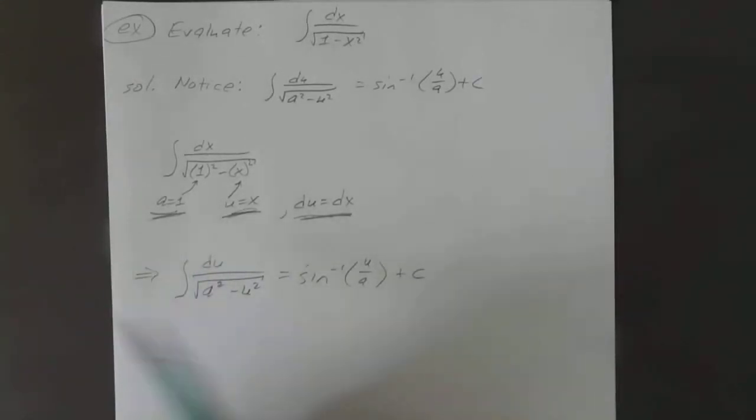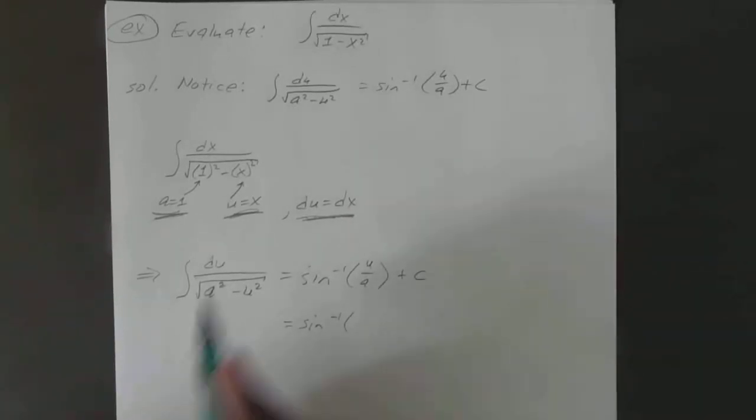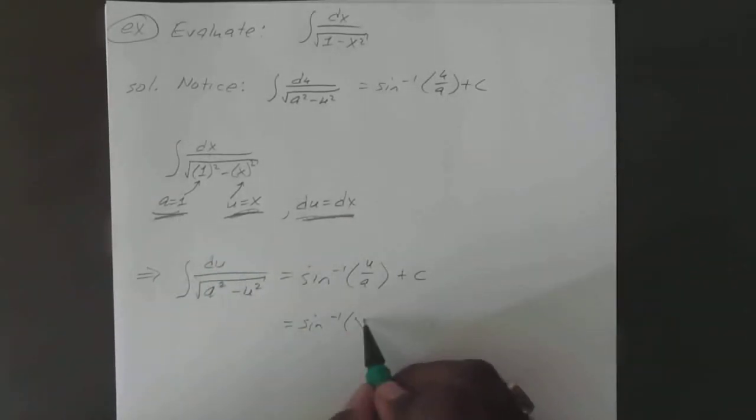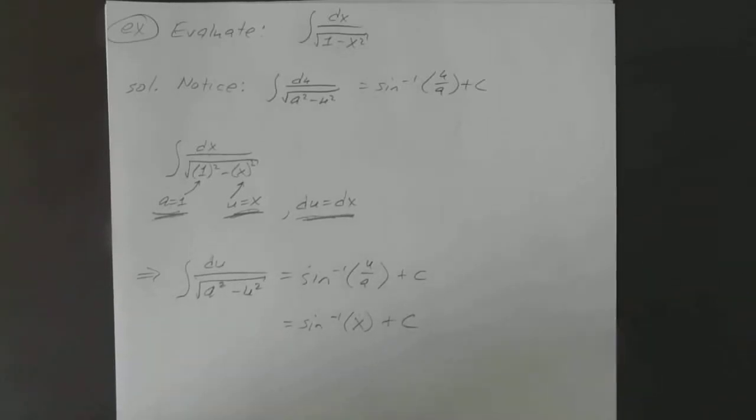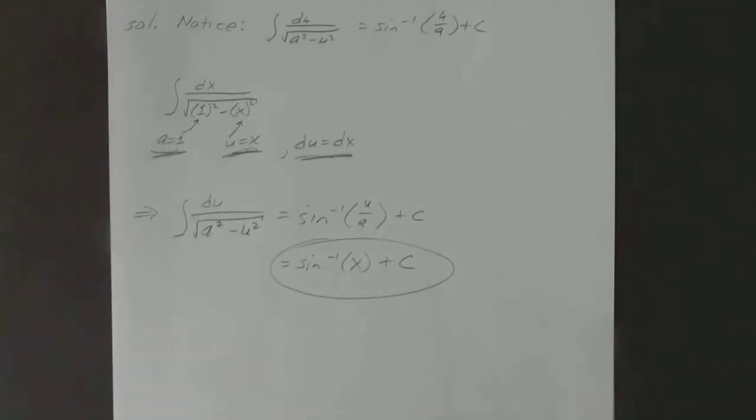Okay. So we know that's just sine inverse of u over a plus c. So once we plug in our u and our a, sine inverse of x over 1, which is just x, plus c, that's your answer.